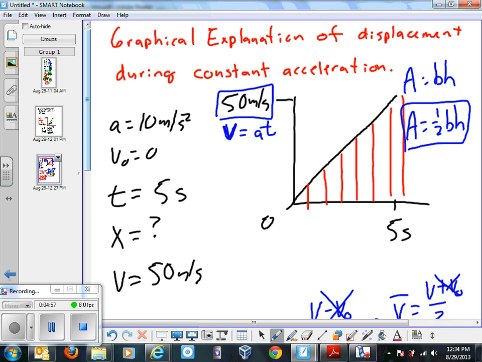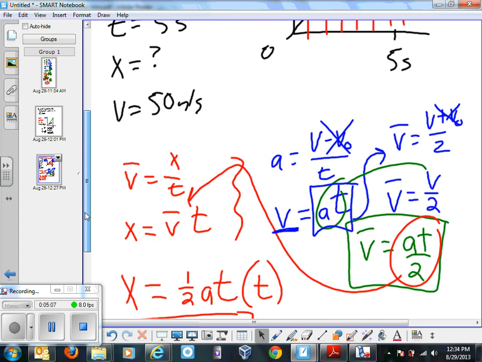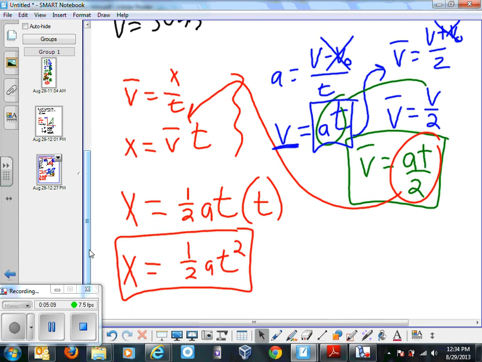Okay, and if you look at our final velocity, we know that's not our average velocity, and when you go back to our mathematical description, we know that our average velocity is really what we're going for to figure out displacement, right? Well, we did find out that our average velocity is 1/2 at, which makes sense, right?